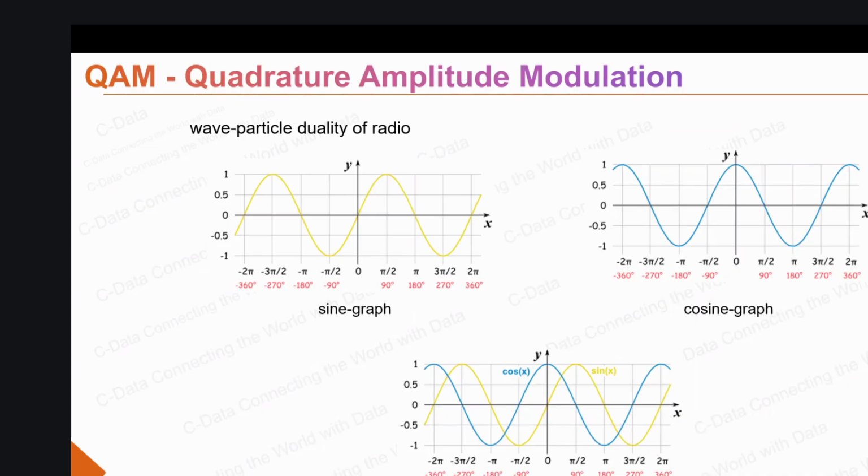the Wi-Fi is using waves, right? We use the wave to transmit the signal. So in the technology, we say the higher electricity level represents one, and the lower one we represent as zero, right?